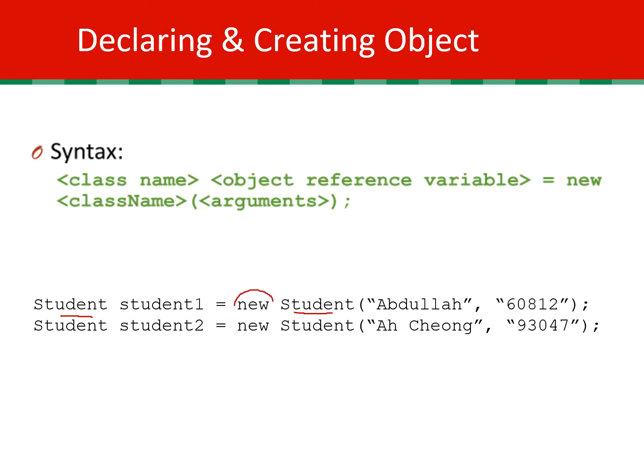And don't forget to add the word new here. new is actually a keyword in Java. And whatever is in here is the value that you want to give to the variable. For the student case, there is a metric number and name, right? So these are the initial values that you want to give to name and metric number for this object student1.